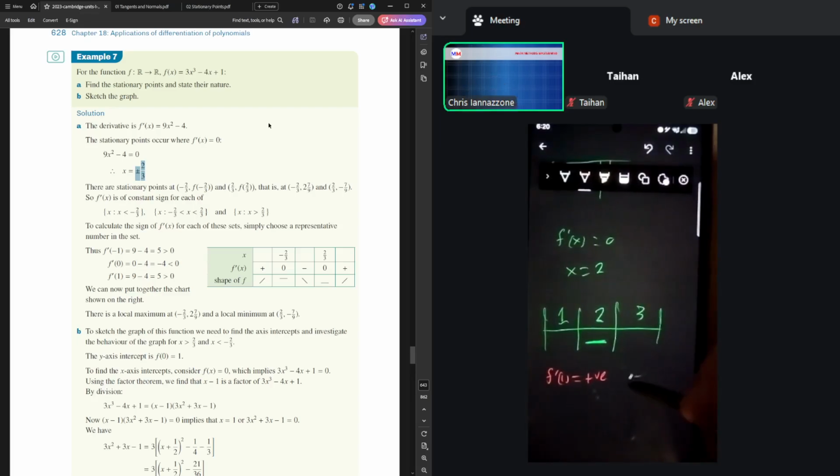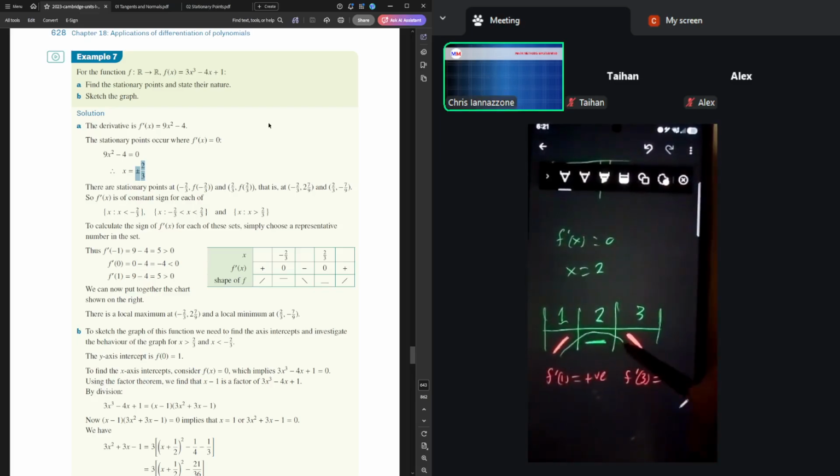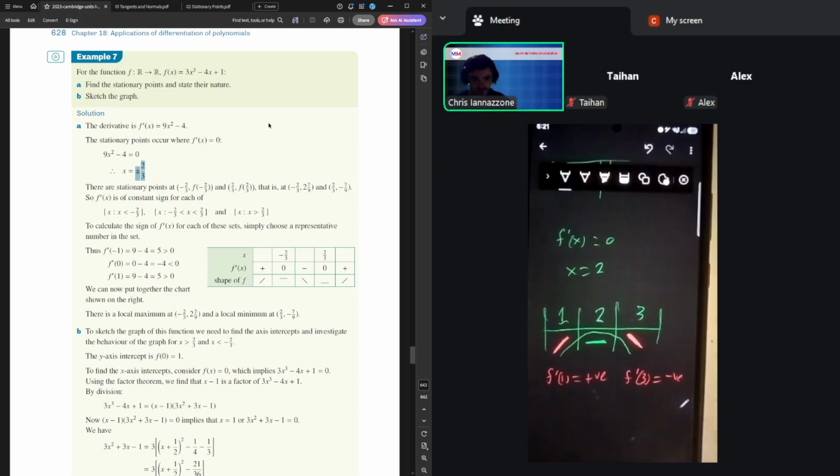This one would be evaluating f dash of 3, let's just say you got a negative number. What that would now mean is, because positive number means positive gradient, that your gradient, your slope, is rising. And if this one is negative, that would mean that your slope is falling. And if you look at the curve that's created from that, wow, that's a local maxima.